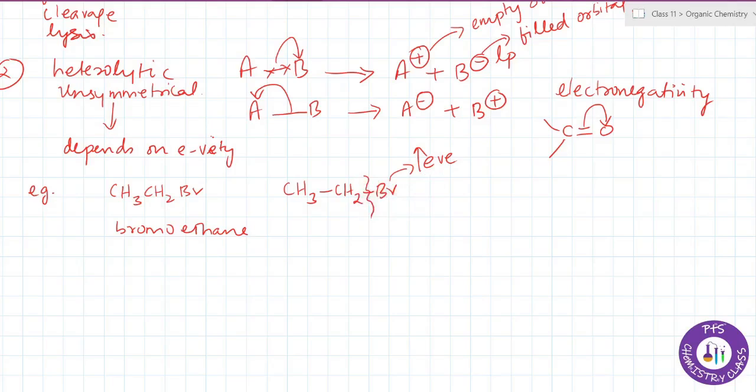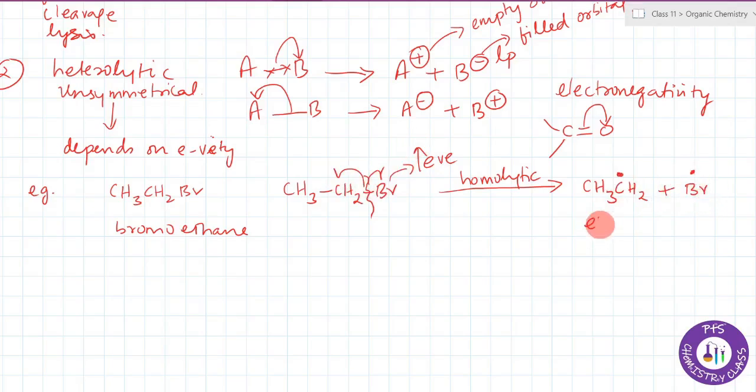If this breaks through homolytic fission, then you will have a species like this, CH3CH2 dot. One electron will go to this and another electron will go to this. Then you will get Br dot.